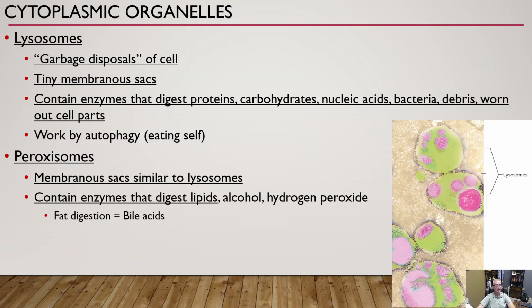All right. Lysosomes, peroxisomes. Lysosomes, the garbage disposals of the cell. They're tiny membranous sacs. You're going to have to know the difference between lysosomes and peroxisomes. They're almost the same thing, but they do different things.